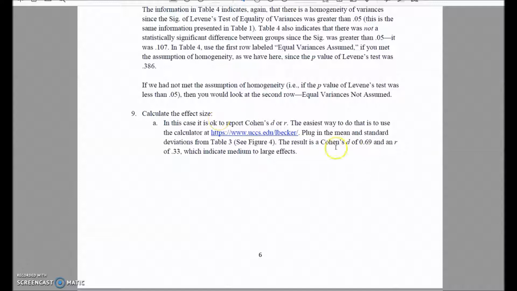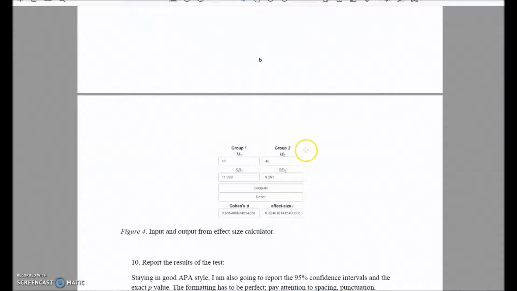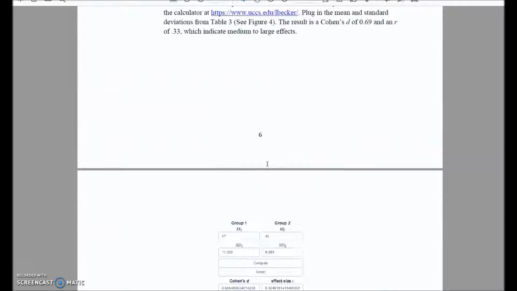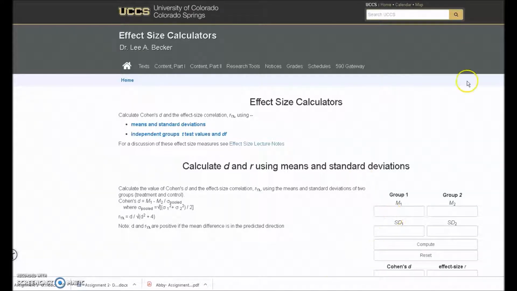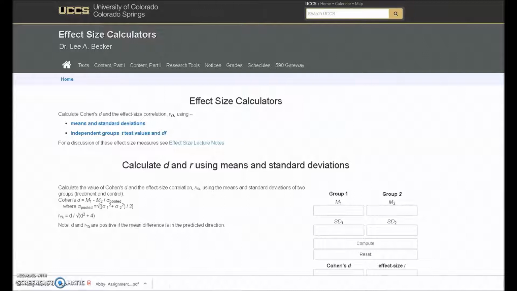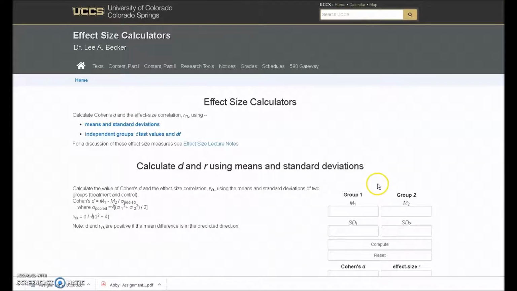And so any value of Cohen's d of 0.5 or 0.6 and above is considered significant. So how do we do this? We actually have to go back to our groups and put the mean 1 and the mean 2. Let me click on this. I have given you the website for this, so you do not have to worry about doing the calculations.